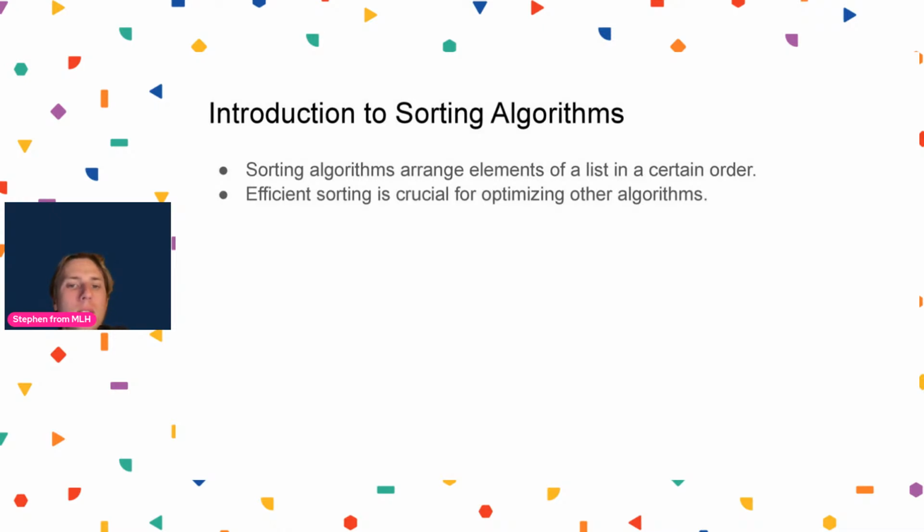It could typically be ascending order or descending order, but just some kind of order is all you need. And efficient sorting is crucial for optimizing other algorithms, because sometimes other algorithms are going to require sorted data. So in those cases, you really want to sort first before you pass data as an argument to the function or the algorithm.